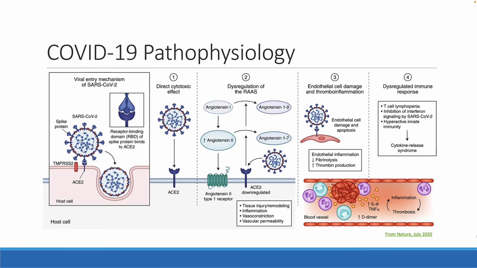While we're talking about viral illnesses, maybe we should talk about COVID-19 pathophysiology a little bit. What we've learned over the years, and this actually comes from an article in Nature in July 2020, so it's not the most up-to-date, but this is what we knew at the time. Now, at the time, we were 6 months into the pandemic or so, right? But guess what?